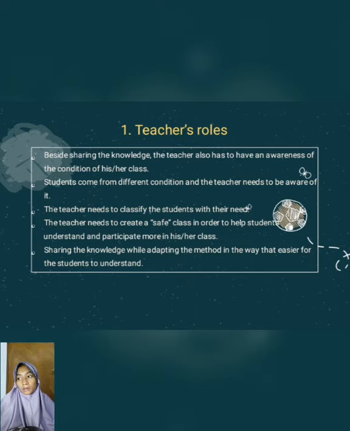So the teacher has to be aware of the condition of the class, and want to find out if there is any problem or phenomenon, and then try to find the answers, the way that could solve the problem or phenomenon that she or he found in the class.